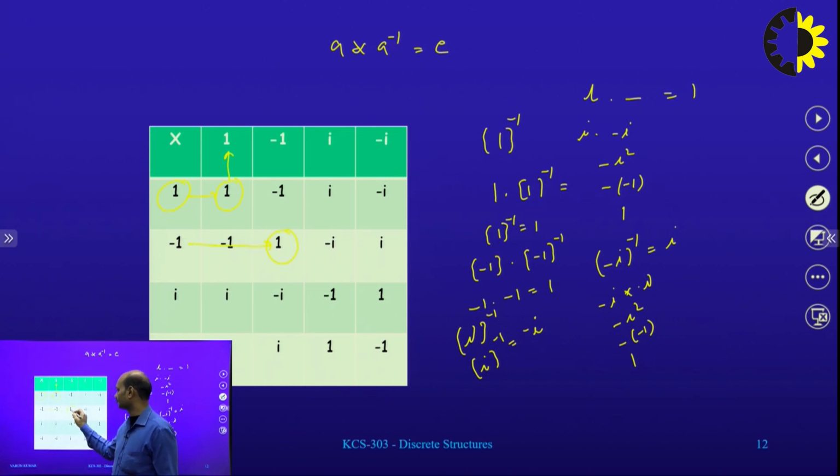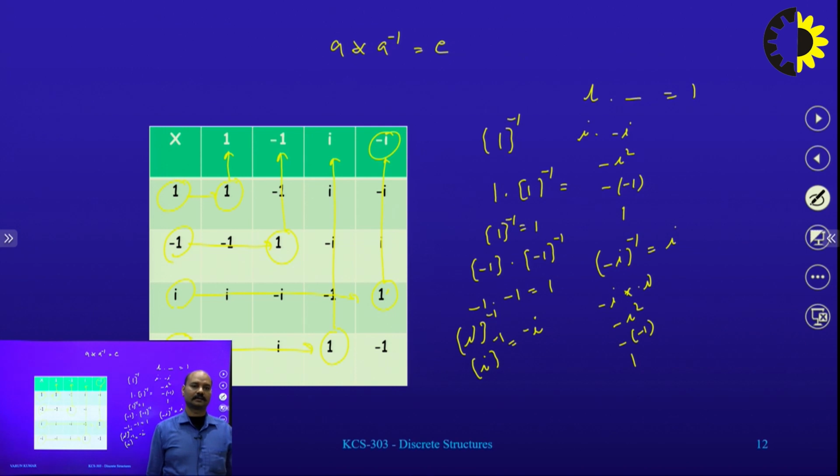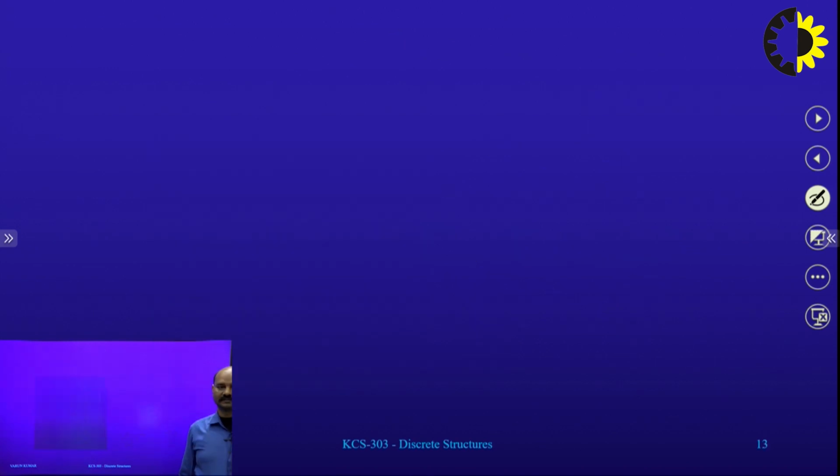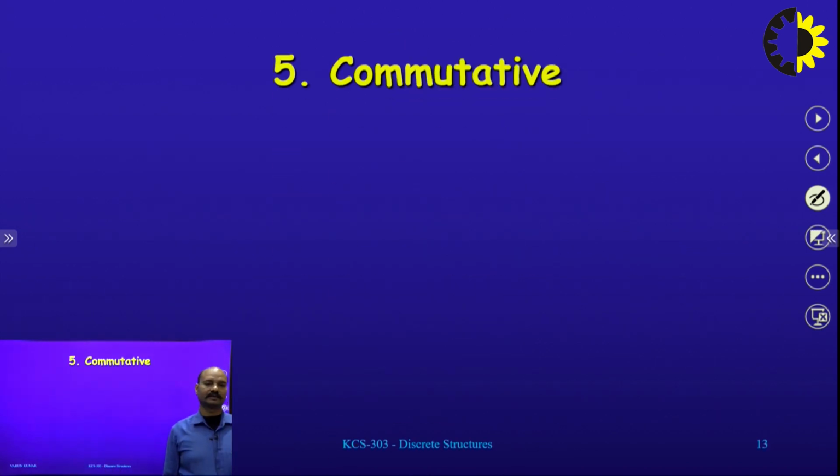So, minus 1 inverse is minus 1. Then what is the inverse of i? We find the identity element, that is 1. So, i inverse is minus i, and what is minus i inverse? We find the identity element, that is 1 here. So, minus i inverse is i. So, we can compute our table in such a way that we can easily calculate the inverse of a particular element.